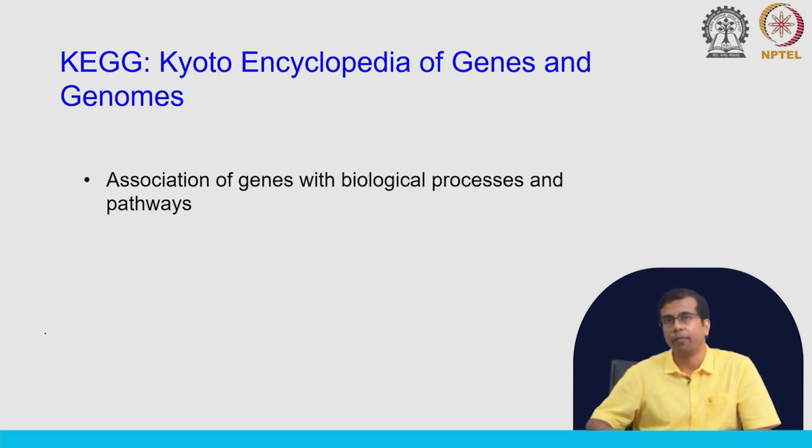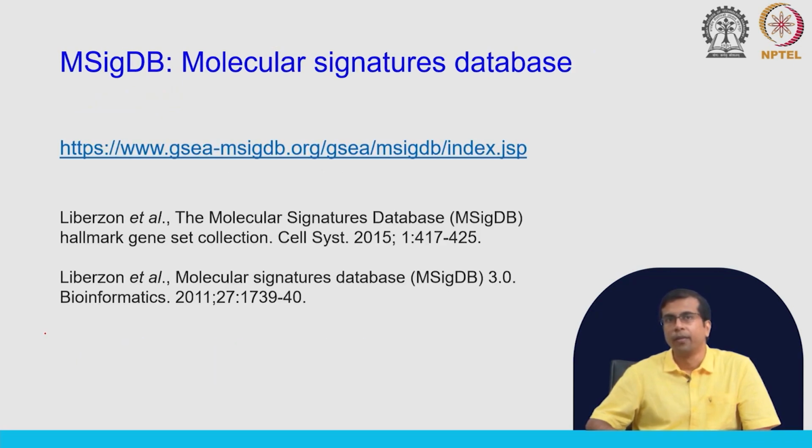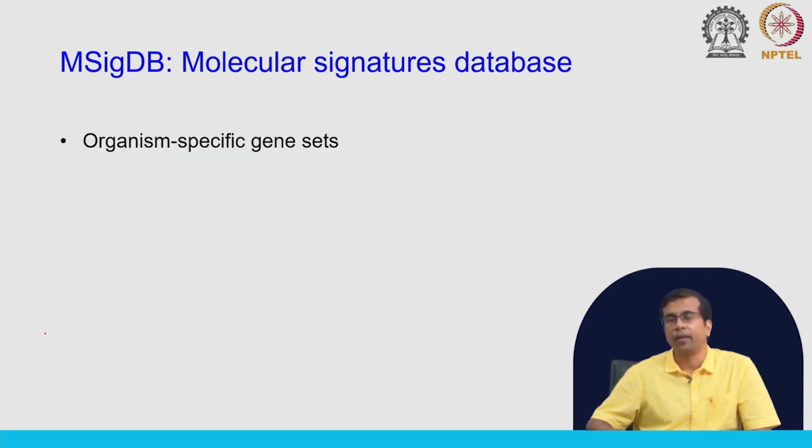So, again you have association of genes with biological processes and biological pathways here, and this is also available for a large number of organisms. Similarly, you have another database called MSigDB, the Molecular Signatures Database. Again the link and the references are given, and here you have organism specific gene sets, looking at molecular signatures, identifying which genes are involved in which specific processes.